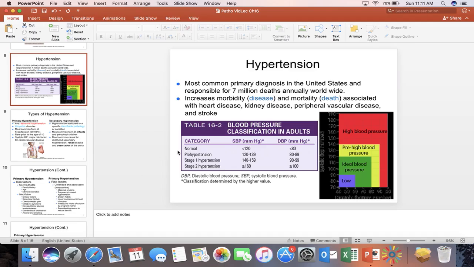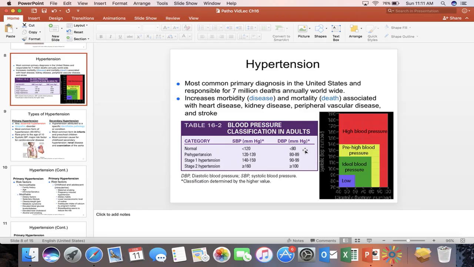Okay, so normal blood pressure is under 120 for systolic and under 80 for diastolic. That is contrary to what you see in the clinic, where the blood pressure everybody refers to as normal is 120 over 80.